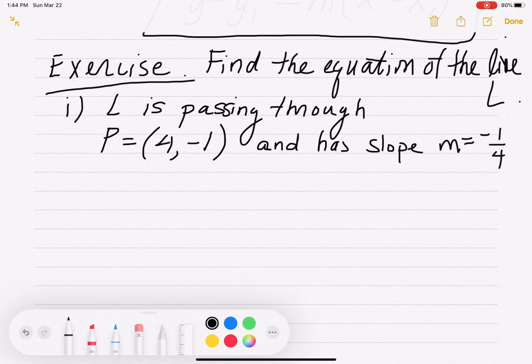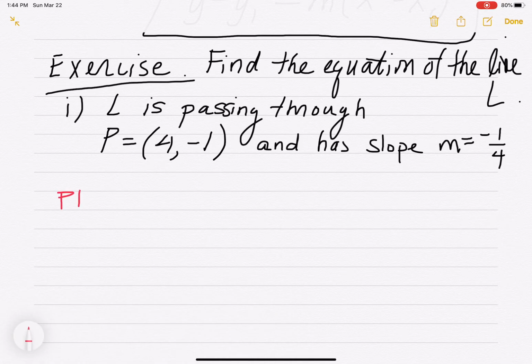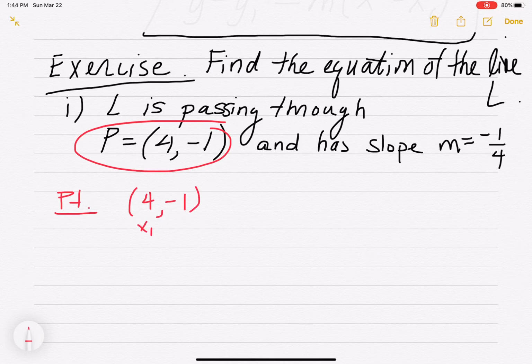So let's go ahead and figure out what the equation of the line is. First of all, we need a point. We have our point right here. It's going to be 4, -1. So you have x1, y1.